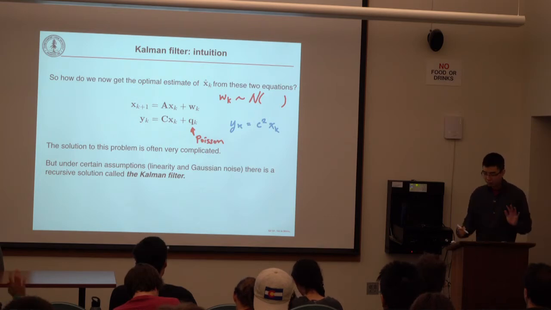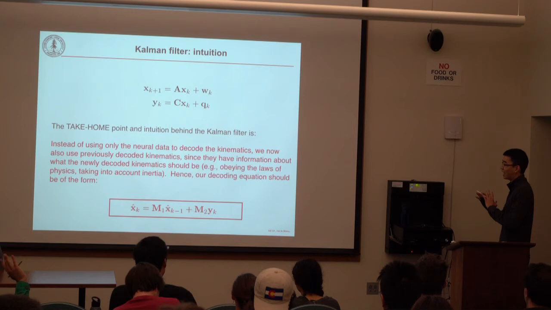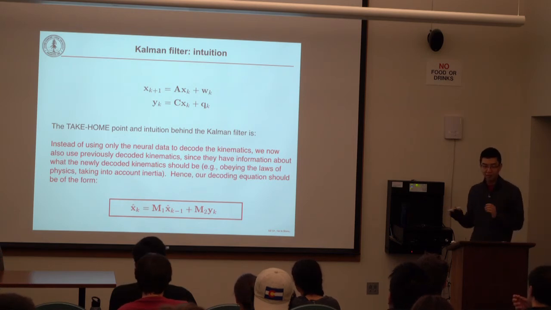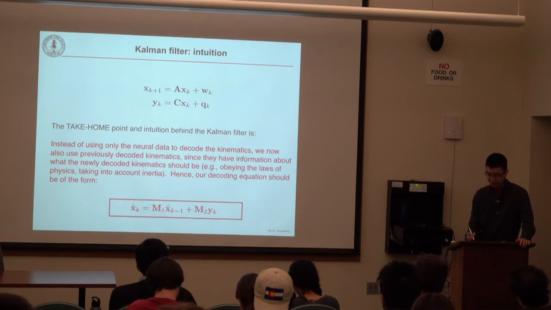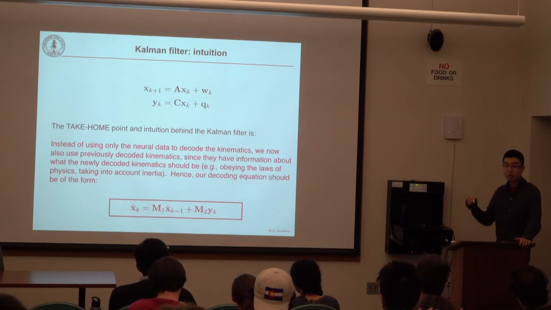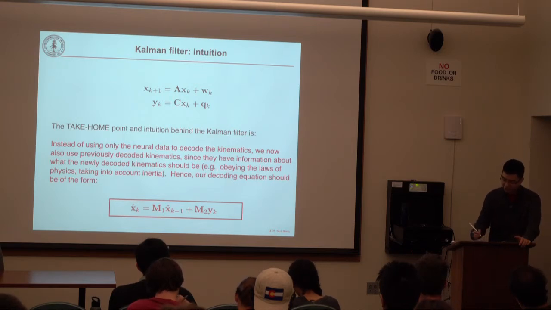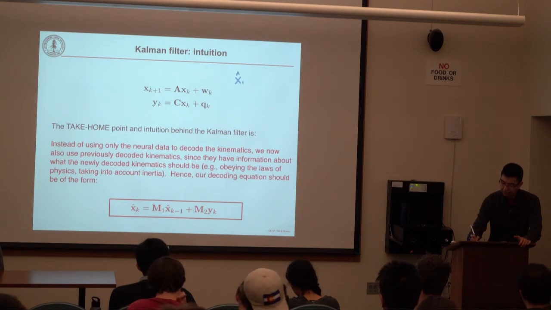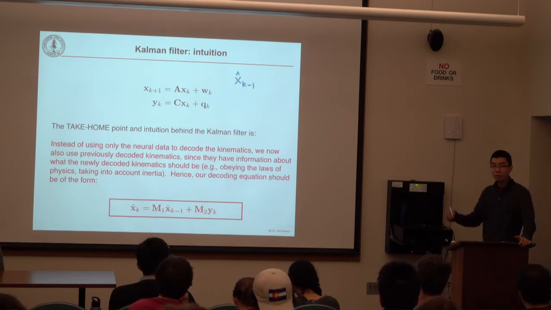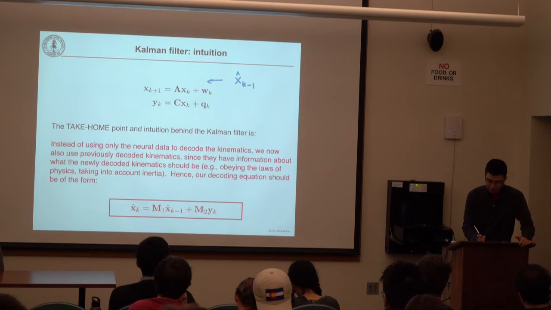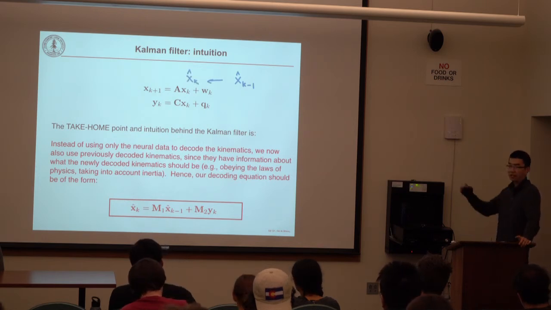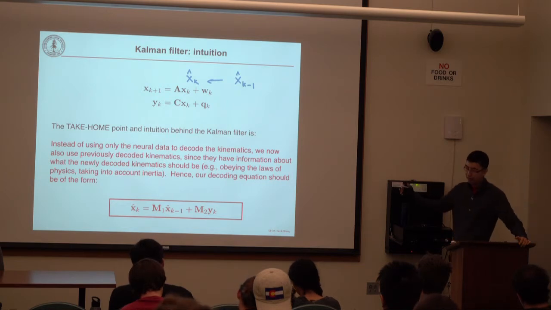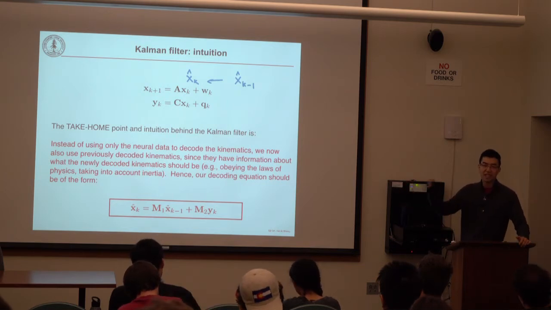Right? All right, so this is the take-home point behind the entire Kalman filter, which is now instead of using only the neural data to decode the kinematics, we now also use the previously decoded kinematics. Because the previously decoded kinematics, that's x hat of k minus 1, has information about what x hat of k should be. And that could take into account the cursor's inertia or the dynamics of a robotic arm, as we've said several times.